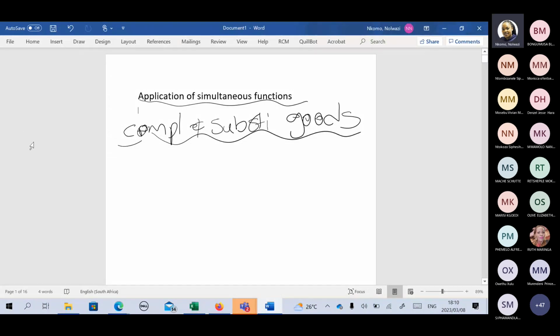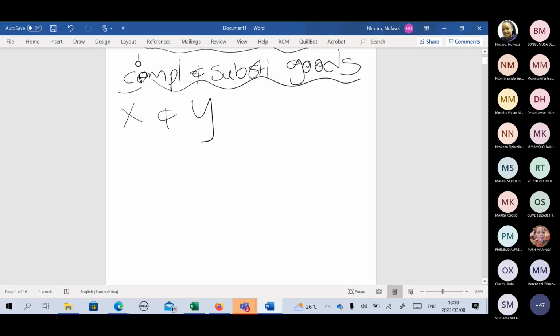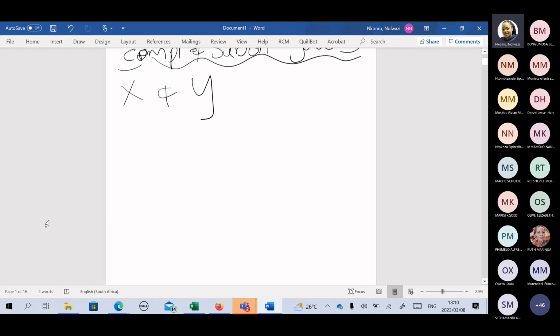Suppose we have two goods, X and Y. If X and Y are complementary goods, goods that go together and need each other, like tea and sugar, then the demand for good X is given as QX equals A minus B PX minus C QY.